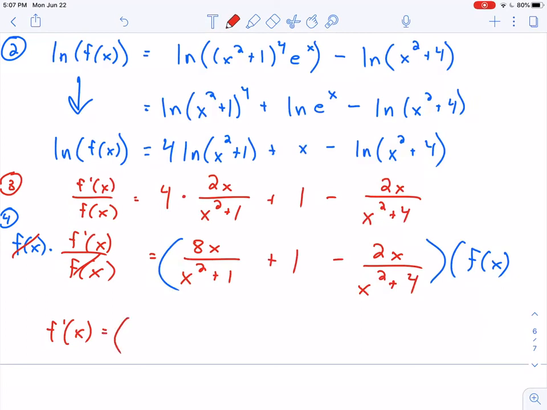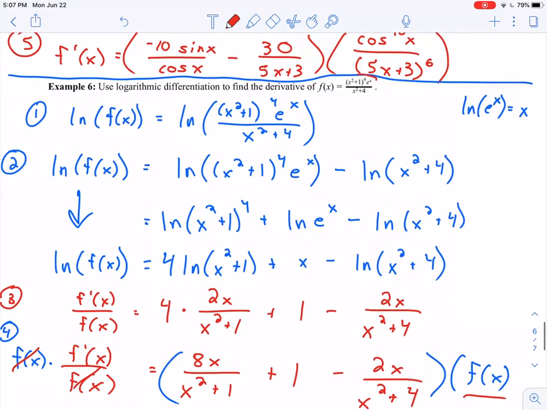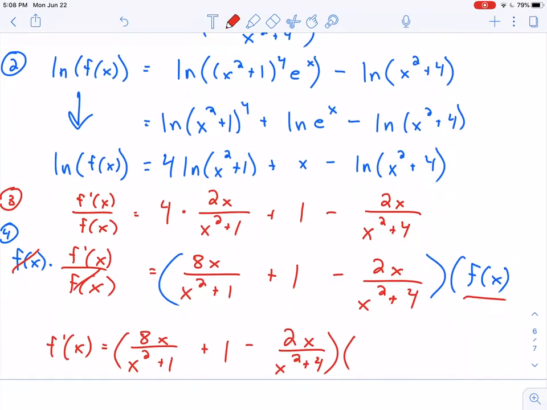On the right-hand side, I have 8x divided by x squared plus 1 minus 2x divided by x squared plus 4 times f of x. Here's where f of x is coming in. And remember, f of x, it's just my original function. That's this piece right here. So I have x squared plus 1 to the 4th power times e to the x divided by x squared plus 4.